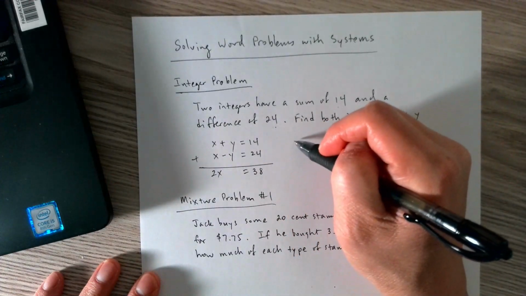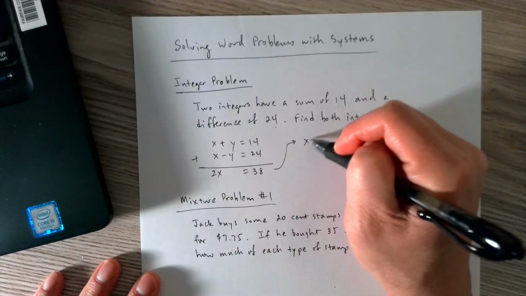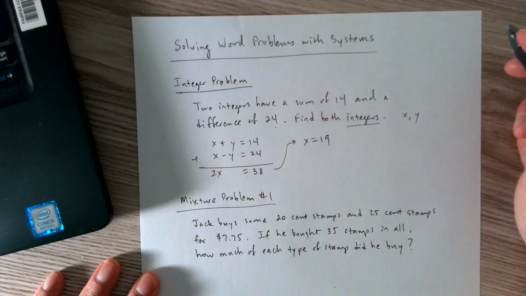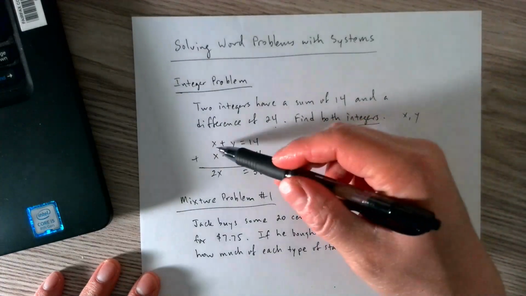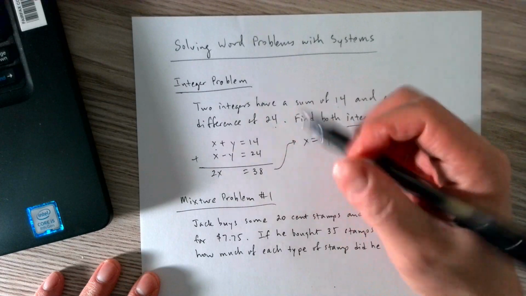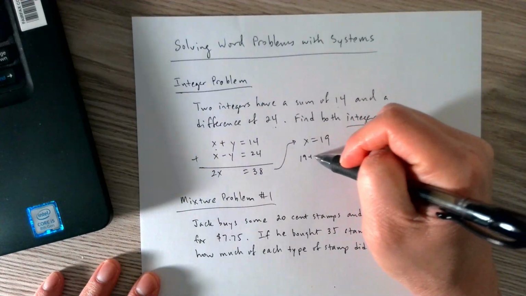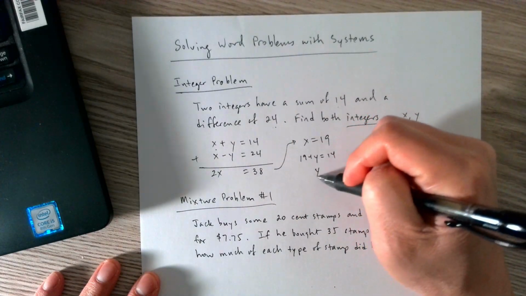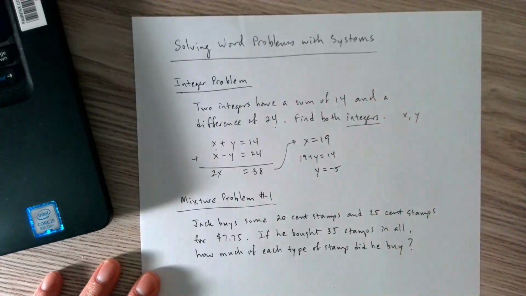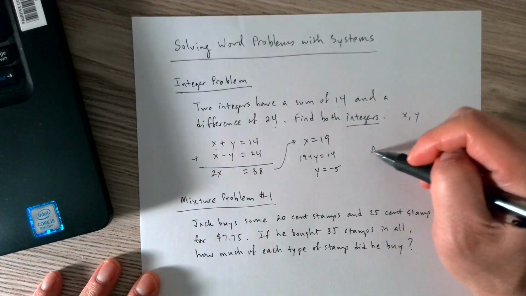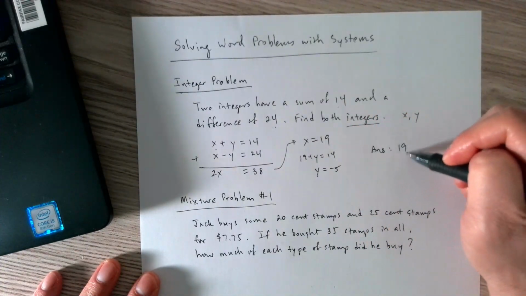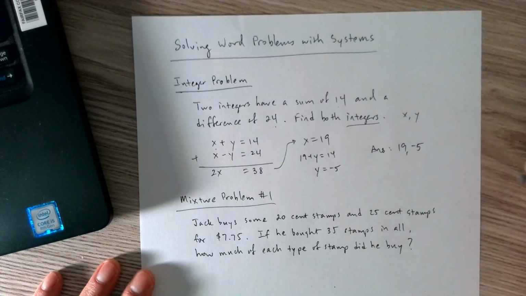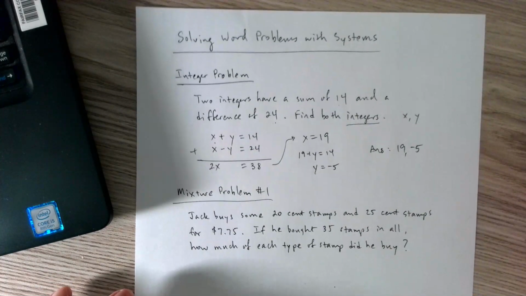X is 19. I plug 19 in here. 19 plus y equals 14, so y is negative 5. So the 2 integers are 19 and negative 5.